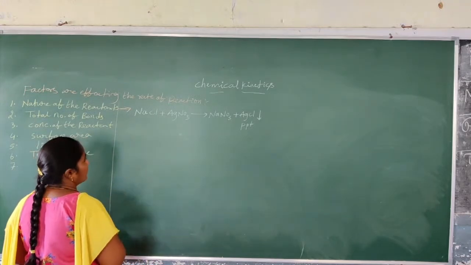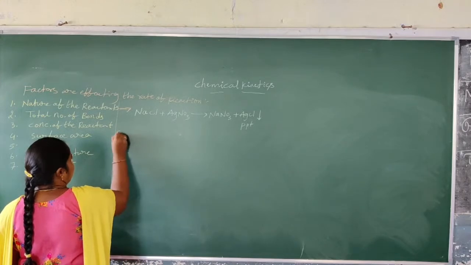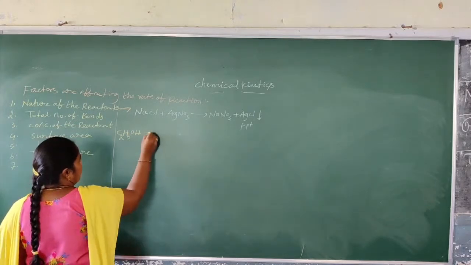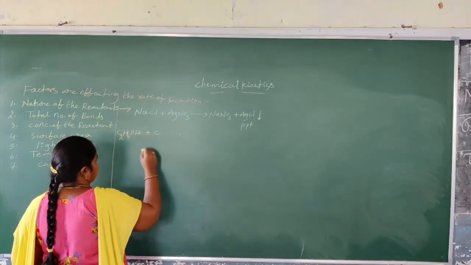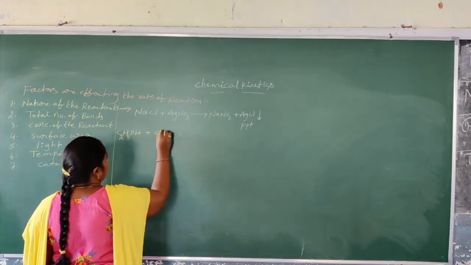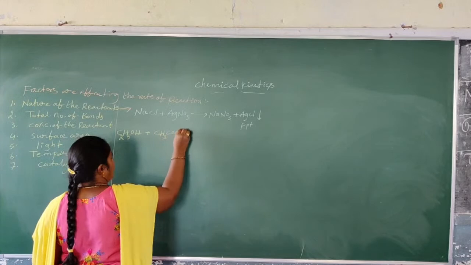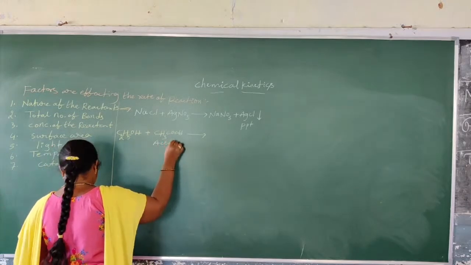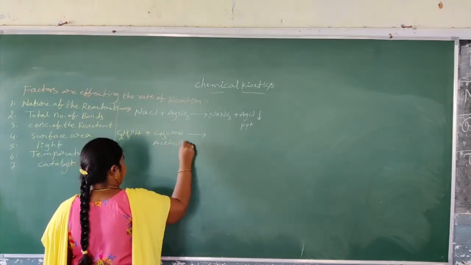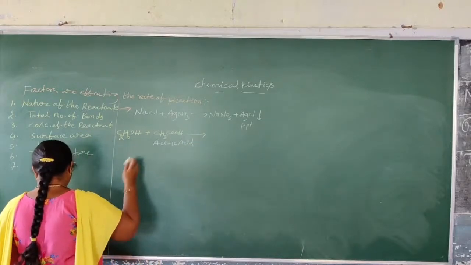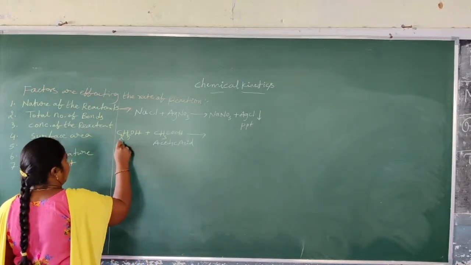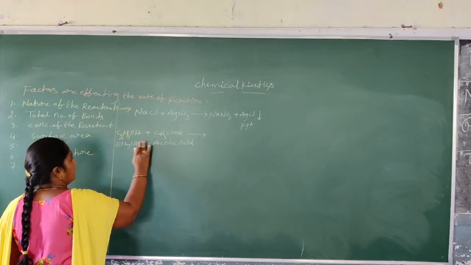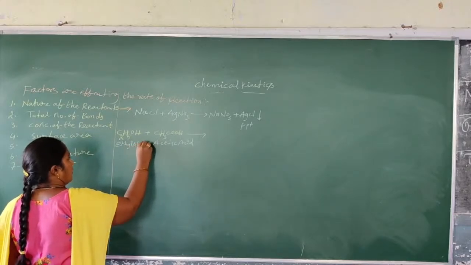I give one example for the covalent substances, that is ethyl alcohol, C2H5OH. Ethyl alcohol reacts with acetic acid, that is CH3COOH. The common name of CH3COOH is acetic acid.